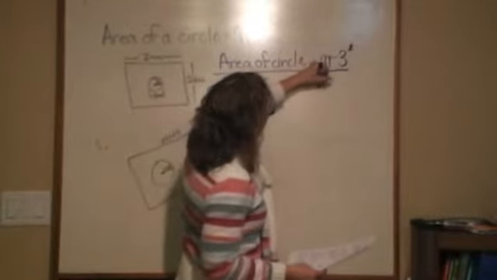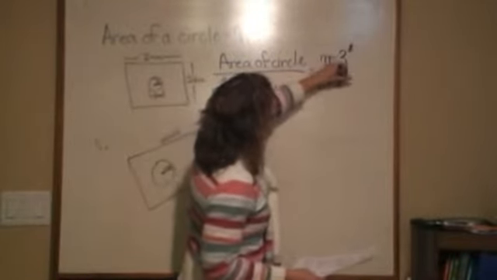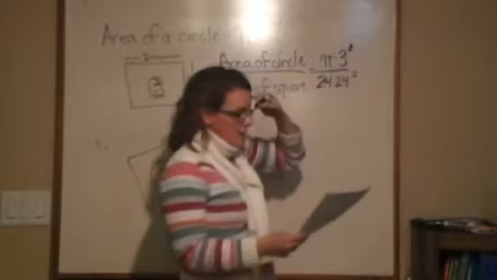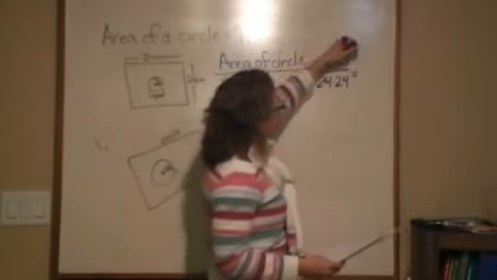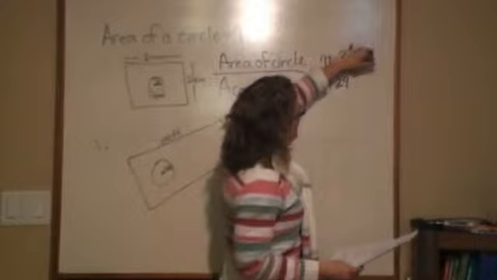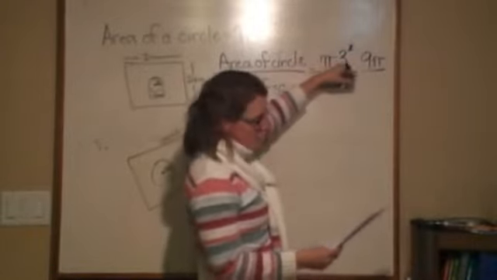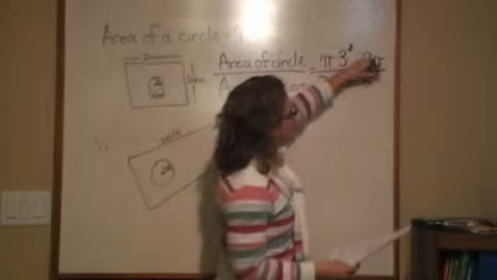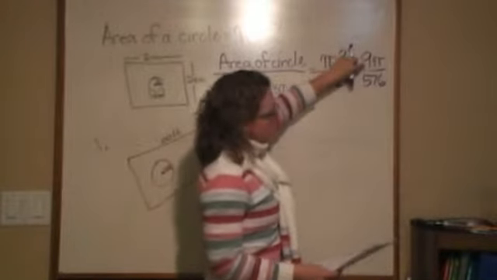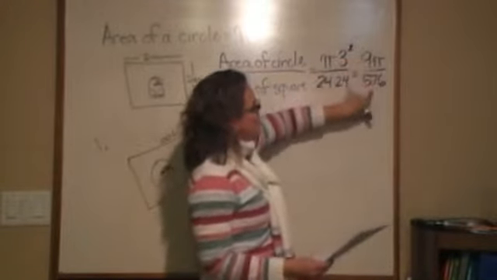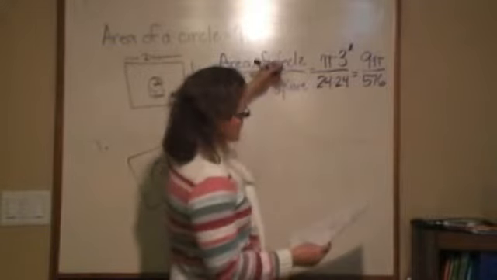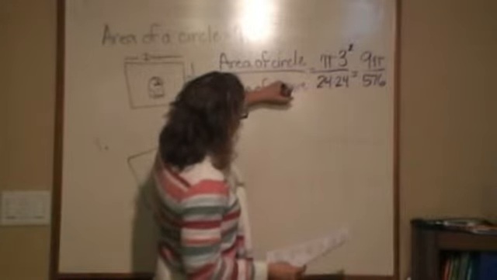So we'll say 24 times 24. And I did this and used a calculator. So I'm going to simplify this. This is going to be 9 pi, because 3 squared is 9, and then 24 times 24 is 576.